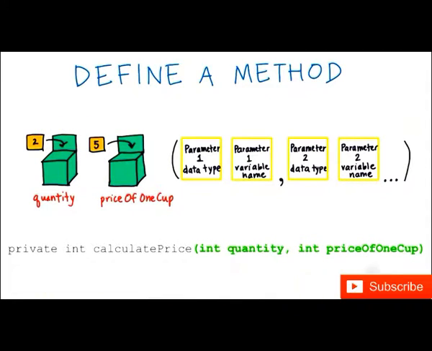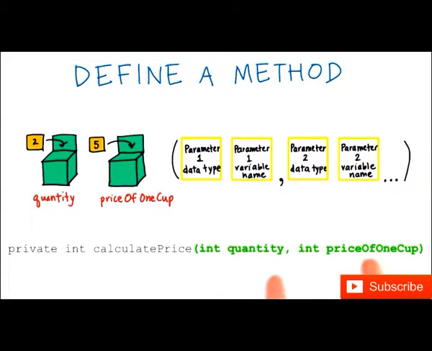If we want to modify the method signature to add a second input param, we just have to specify the data type and the variable name for that second input param. Then within this method, we can refer to the quantity or price of 1 cup variables just like the regular variables. When you call this method, you have to remember to pass the right number of inputs to the method that it's expecting, and the inputs must be of the right data type and in the right order.